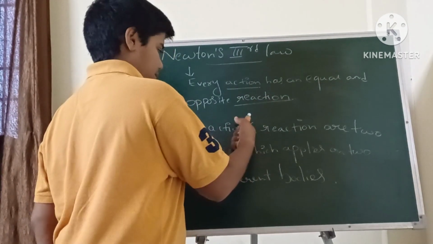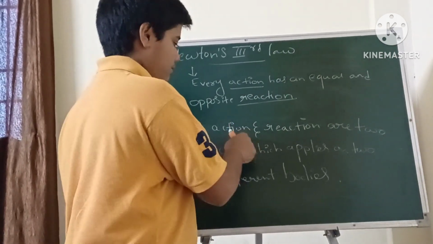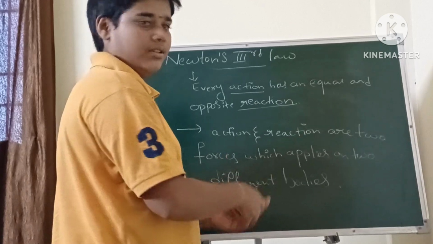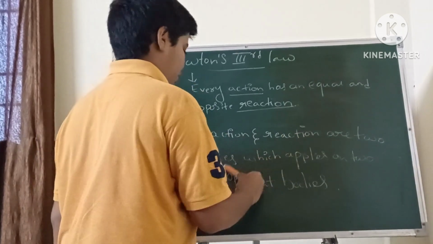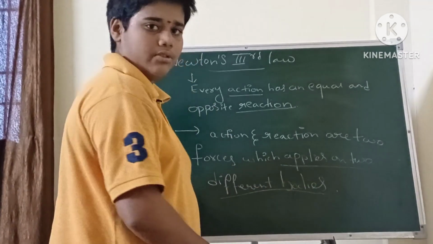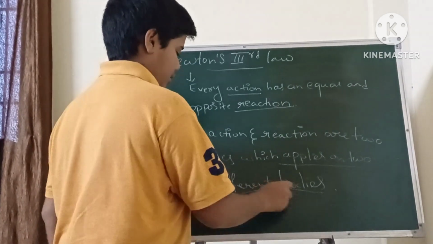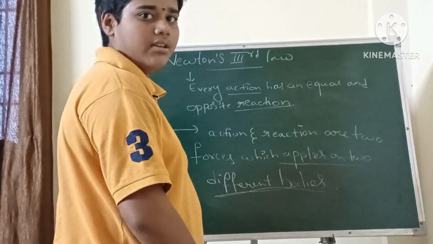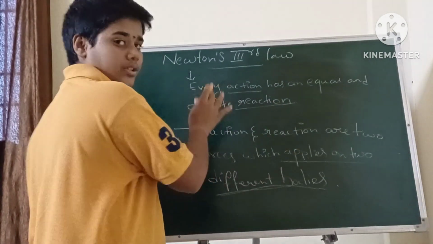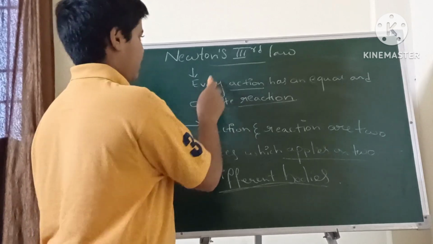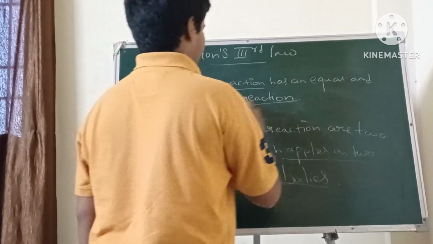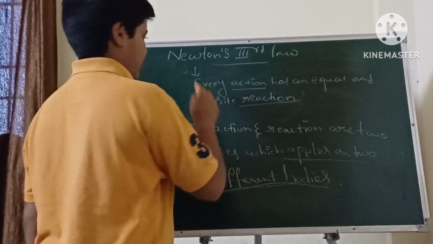If I punch this blackboard, this is one body and the hand is another body, for example. So action and reaction are two forces which apply on two different bodies, not a single body. So this is Newton's third law. What is Newton's third law? Newton's third law defines that every action has an equal and opposite reaction.